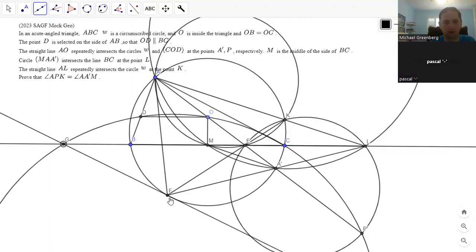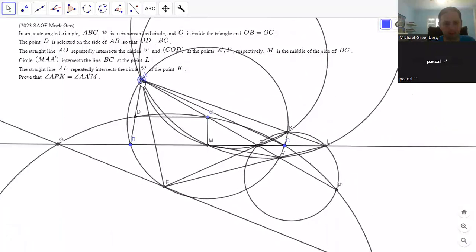Are GA and GF tangent? I think I already did this before. I don't think they are, but yeah.